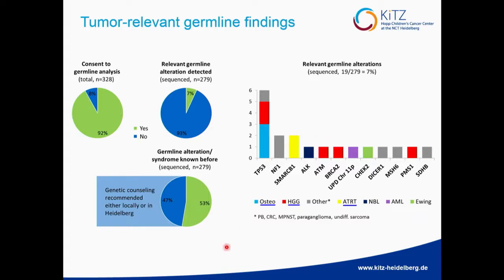Again, we looked into the germline, and one of the interesting findings here is that in about 50% of cases, the germline mutation that we find in the patient was not previously known or suspected clinically, indicating that by just applying this unbiased approach, we detect many more of these cases.